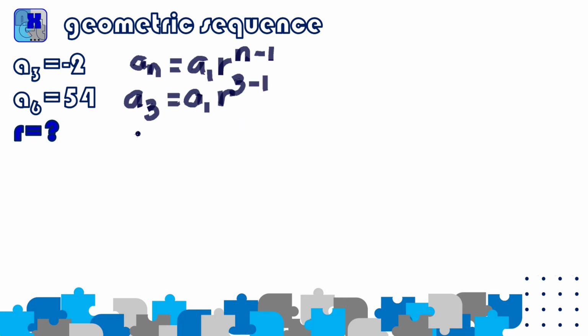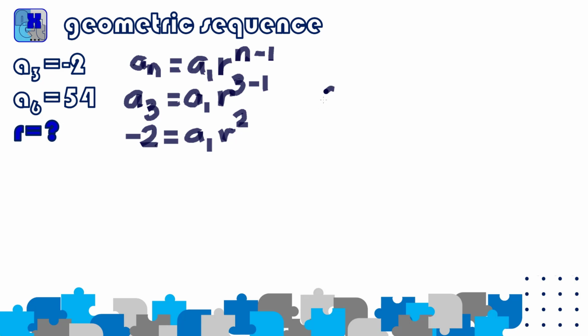This means that when we plug in the value here for a sub 3, which is -2, this is the result for a sub 1 r squared, because that's 3 minus 1. Still, we don't know the value of a sub 1. We cannot solve r in this manner yet.